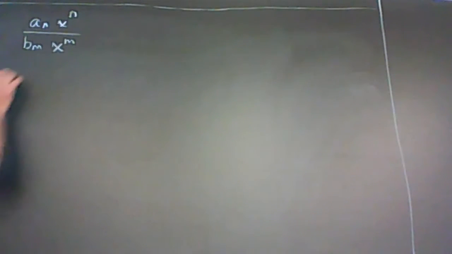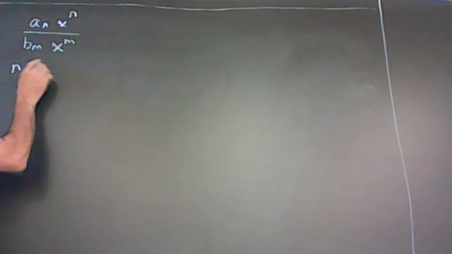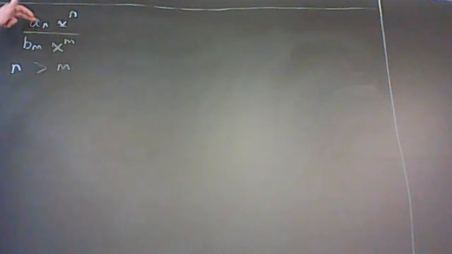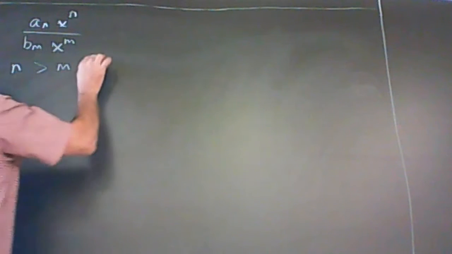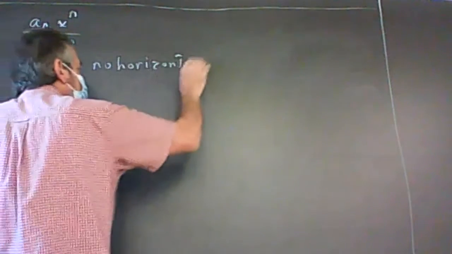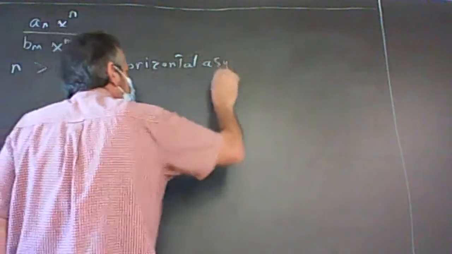If n is greater than m, so that means the value over here is greater than that, yes? Then we say no horizontal asymptote.